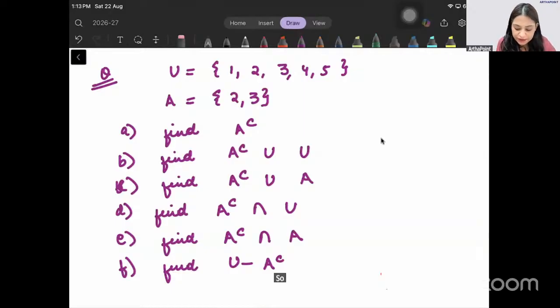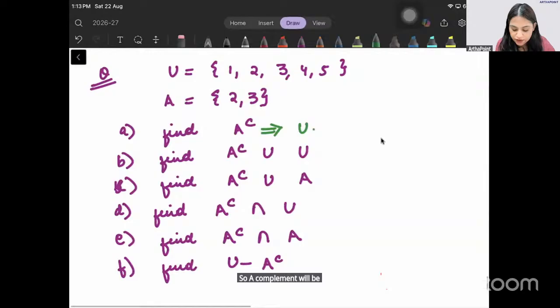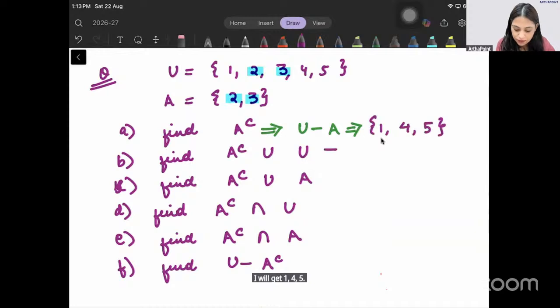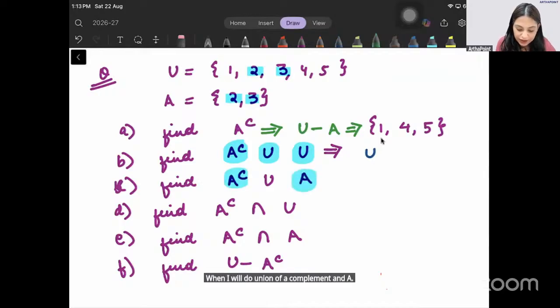So A complement will be universal minus A. So if I remove 2 and 3 from universal, I will get 1, 4, 5. किसी भी set का, when we do union with the universal set, we will always get universal. When I will do union of A complement and A, तो A में elements हैं 2, 3.